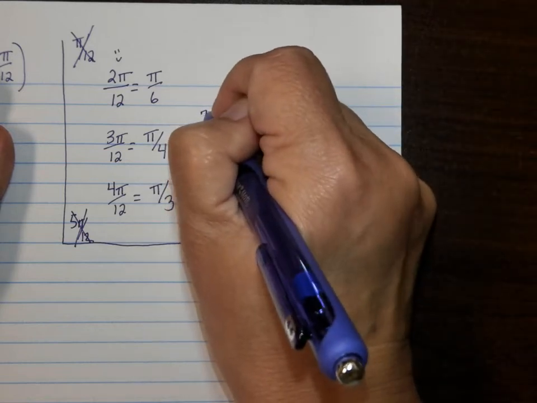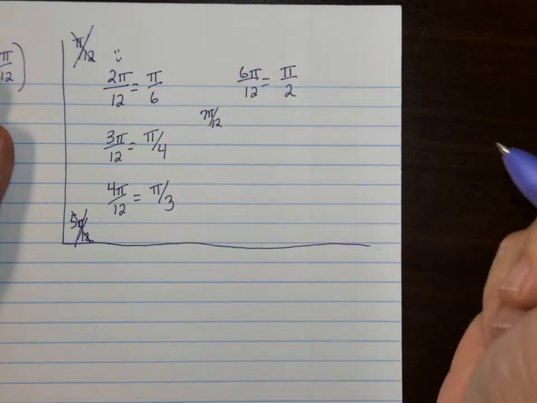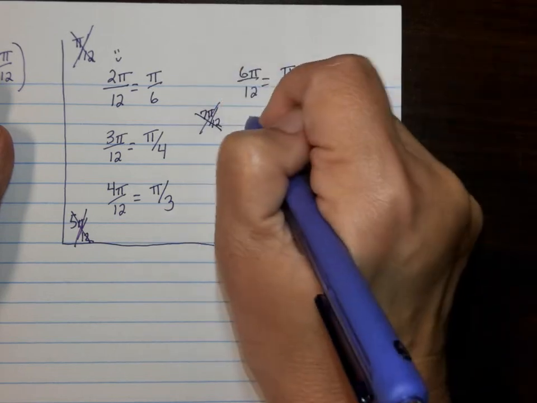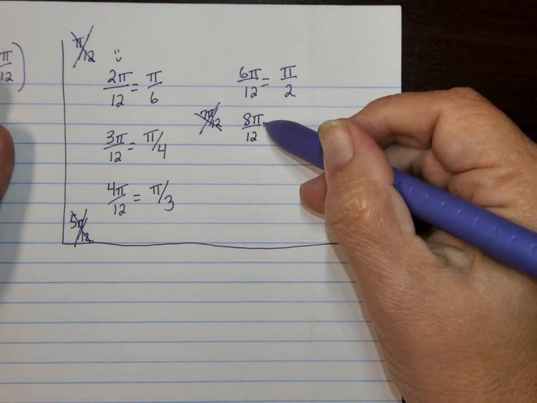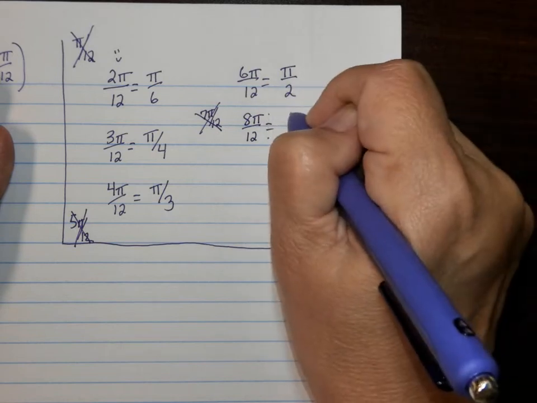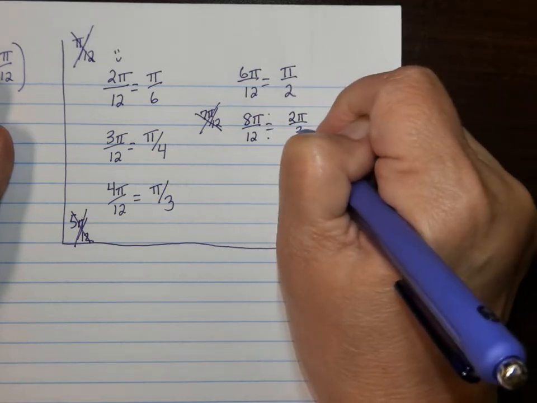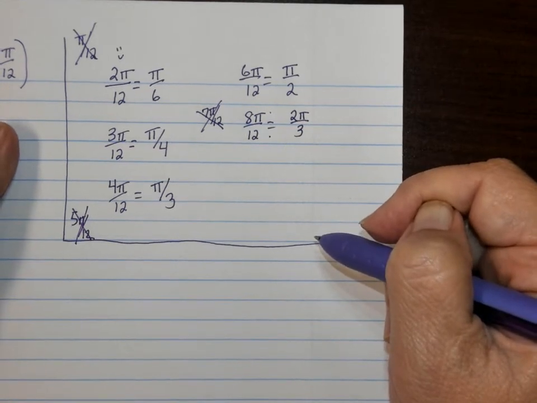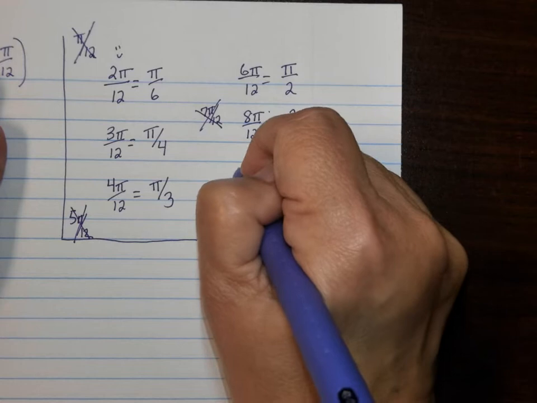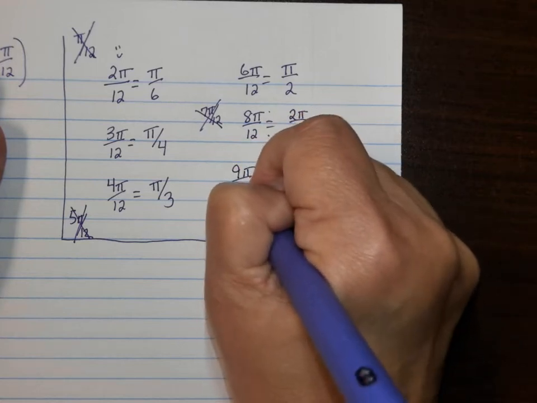All right, 7 pi over 12, is that going to help you? No. 8 pi over 12. Simplify your fraction. Divide by 4 over 4. 2 pi over 3. 2 pi over 3 is on our unit circle. Happy, happy. 9 pi over 12.